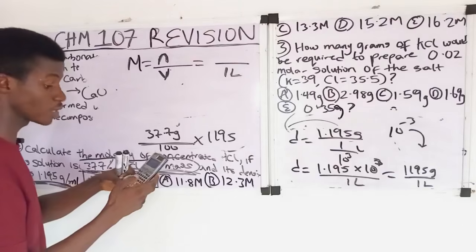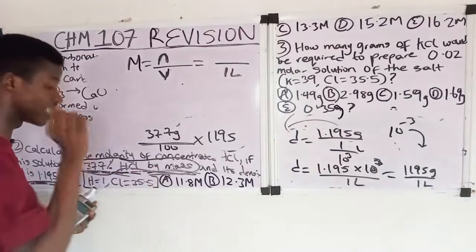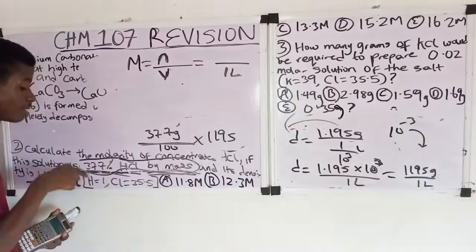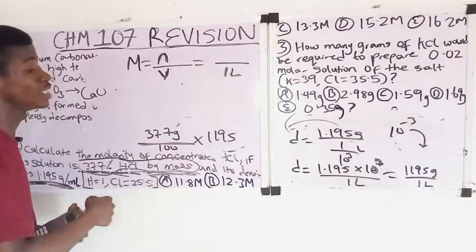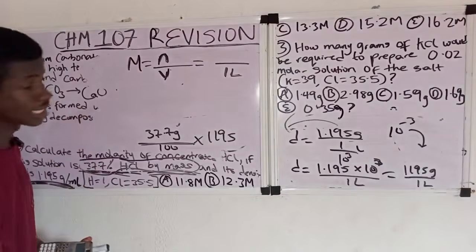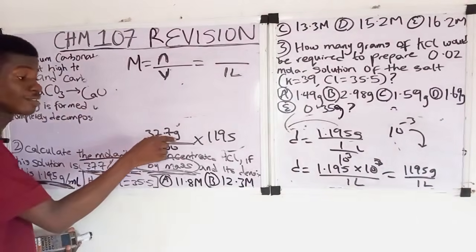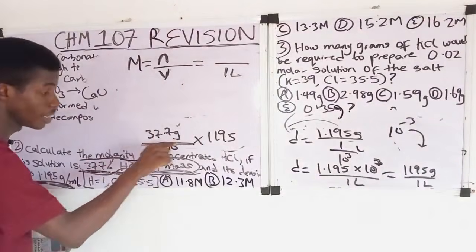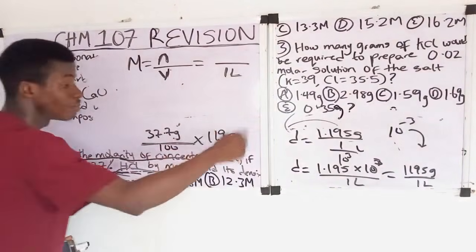Divide by 100, and we have the mass of hydrochloric acid. Remember, they said the mass of hydrochloric acid in the whole solution is 37.7% by mass, right? That means 37.7 gram of hydrochloric acid divided by 100 times the whole mass of the solution.